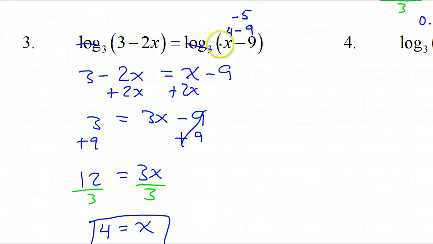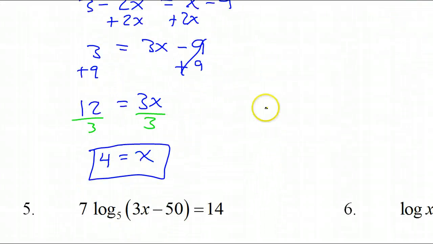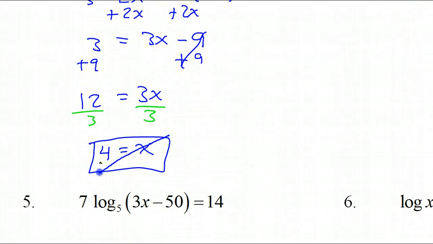Well, that's negative 5, so I have the log of a negative number. That's illegal. So right away I know this is extraneous. You see it also over here. If I did 3 minus 2 times 4, that's 3 minus 8. Again, that's negative 5. It's great that they're the same, but it's a problem that they are negative. So we are going to cross this out and put extraneous.